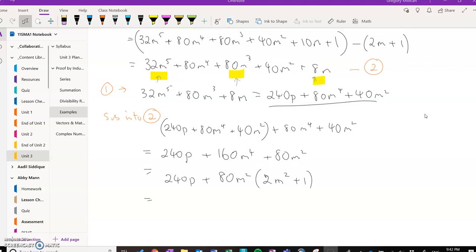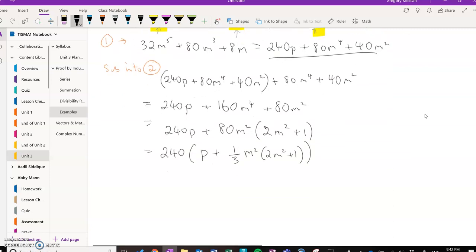From here, the last step is to take out a common factor of 240. So we're left with p plus, if I take 240 out, that's going to leave me with 1/3 m^2 (2m^2 plus 1). So what we have there is that, therefore, it's a multiple of 240.